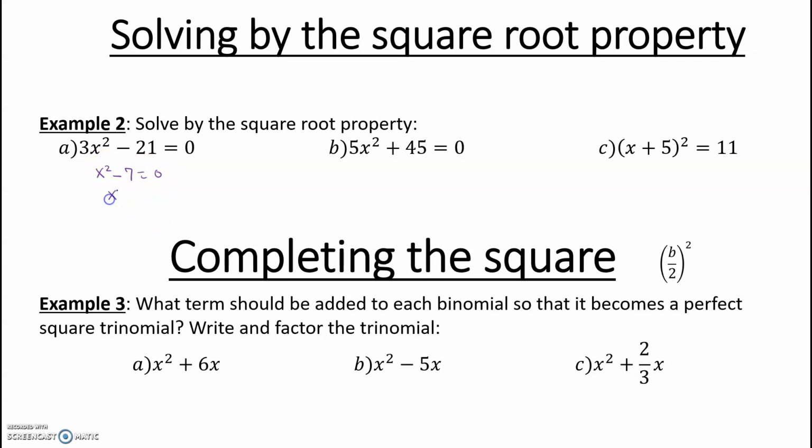So if I add 7, take the square root of both sides, remember you're going to wind up, oops, let me get the eraser. Remember, you're going to wind up with the 2 answers, positive and negative square root of 7. So just take the square root of both sides.